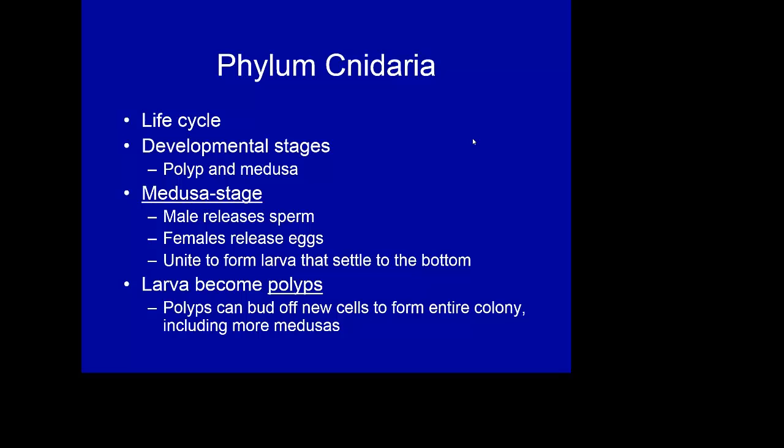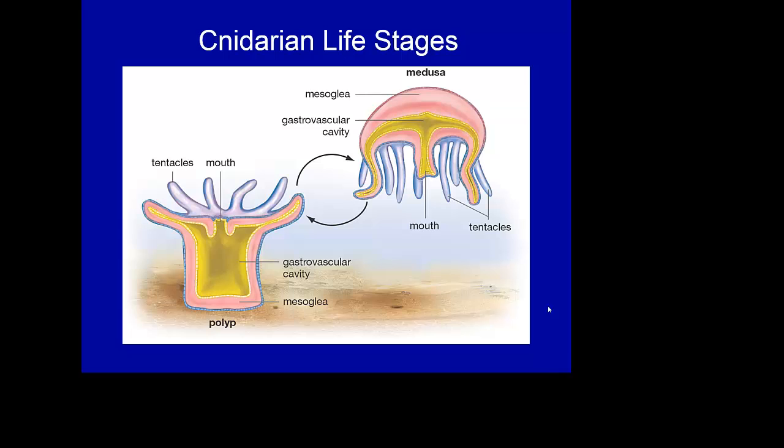Their life cycle is slightly more complex than that of the sponges, in that they actually have 2 stages of development, something known as a polyp and something known as a medusa. So the medusa stage is the one that's actually going to release the eggs and sperm for us. The polyp is what will actually start the new colony, including the development of more adult stage medusas for us.